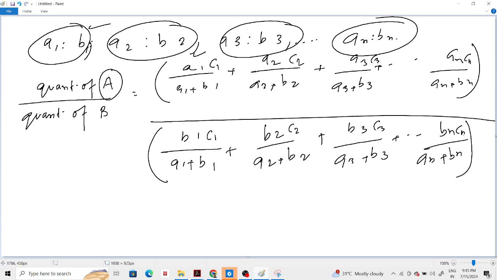Okay, there are n vessels of equal size, filled with mixtures of liquids A and B. This was prior to this one. The previous theorem had vessels of equal size. In this one, the vessels are of different size.